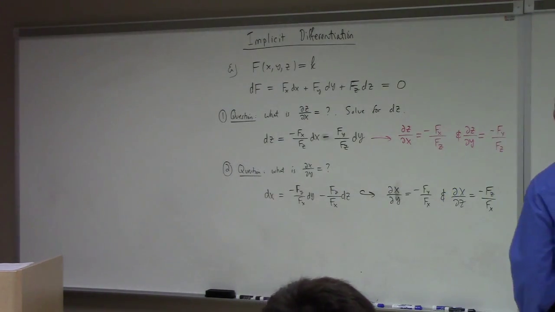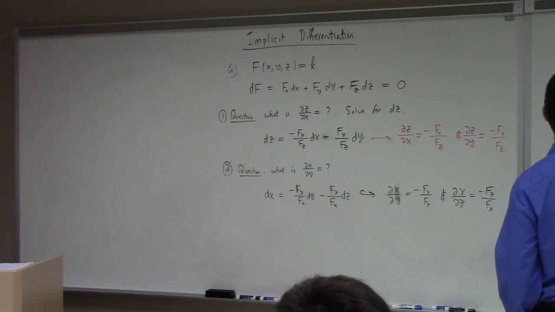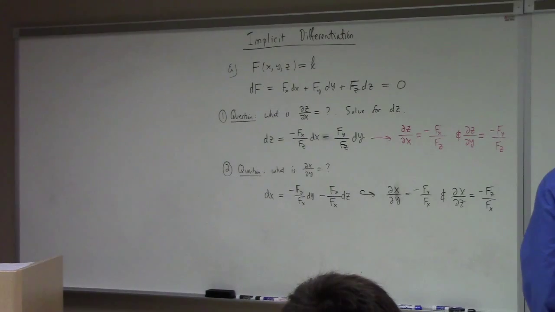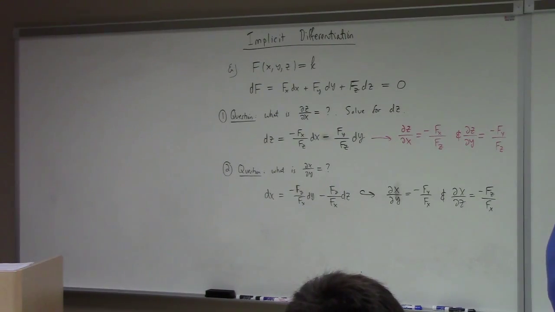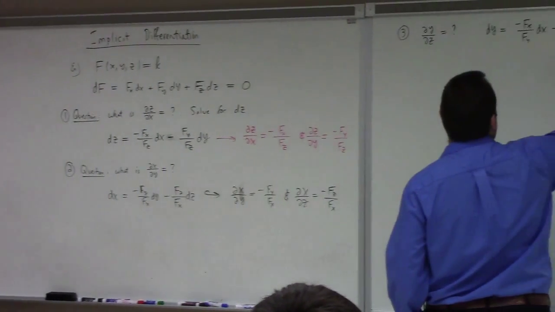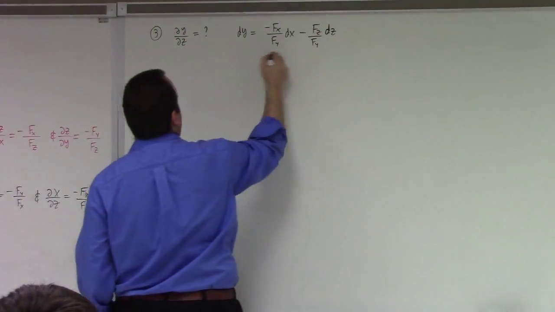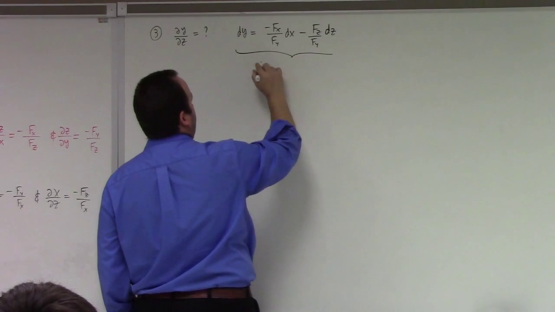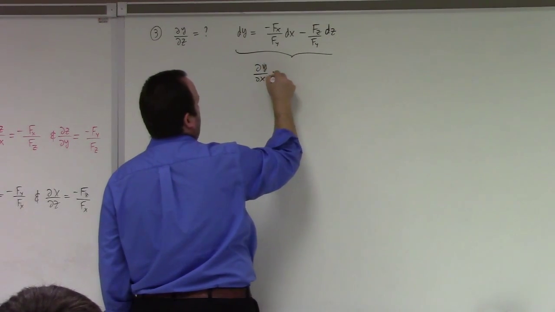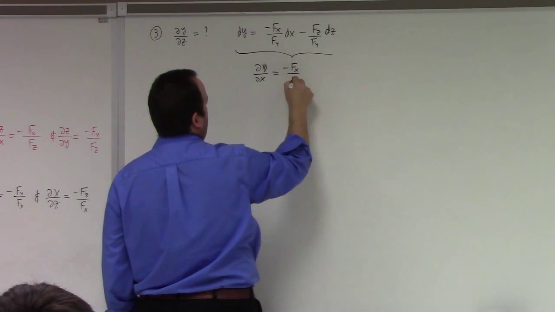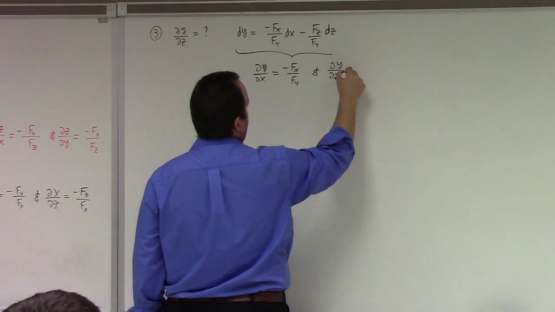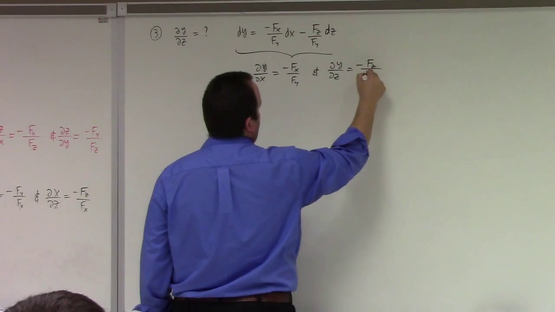So what you do is dy is minus fx over fy dx minus fz over fy dz, and we find from this that partial y partial x is equal to minus fx over fy, and partial y partial z is equal to minus fz over fy.